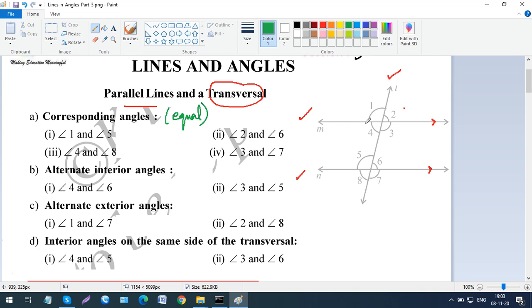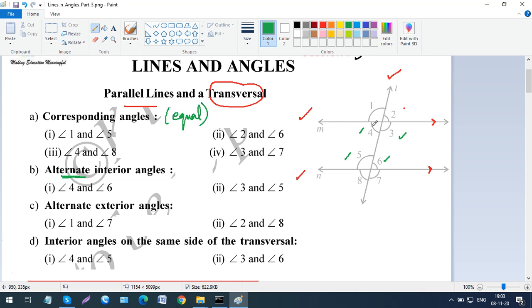Among these, the interior angles are 4, 3, 6 and 5. These are the angles lying inside the lines, between M and N. So 4, 3, 6 and 5 are interior angles, but we are talking about alternate interior angles.